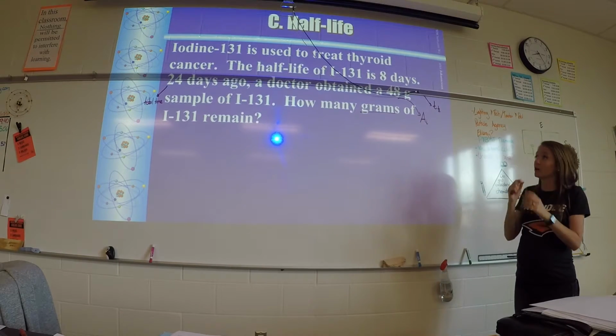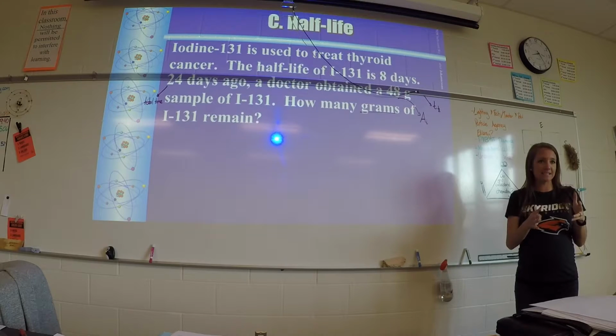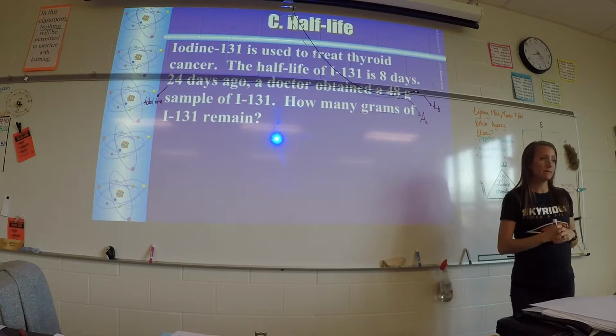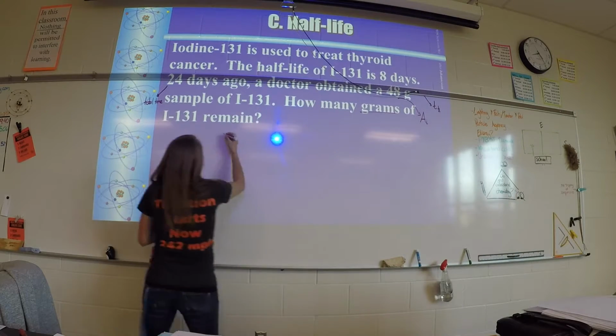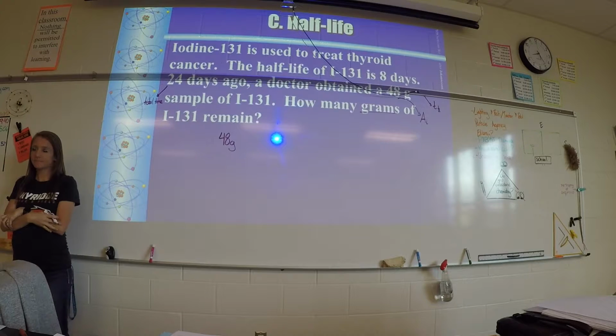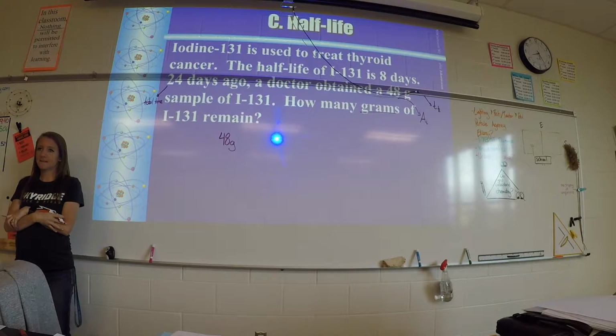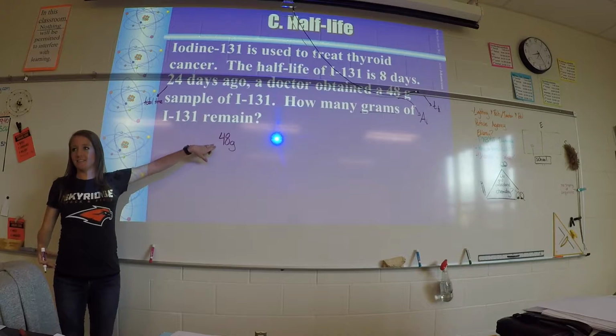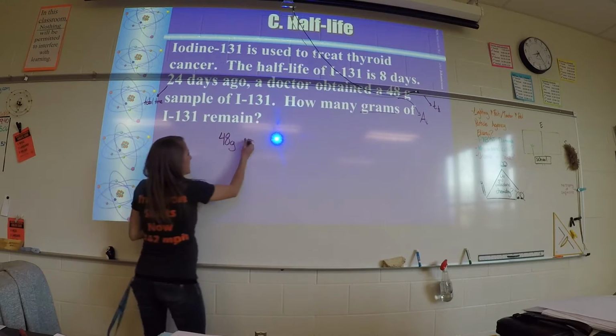Once again, a good first question to always ask is how many cuts this is going to go through. I know I'm starting with 48 grams. What do we know is going to happen every 8 days? It's going to cut itself in half, right?